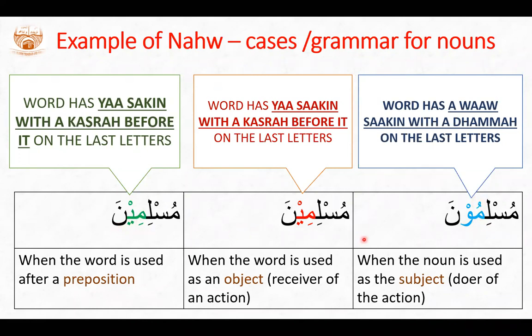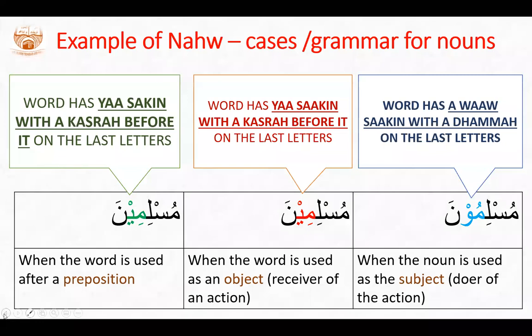So the topic that actually identifies for us why these changes are taking place, what these changes should occur towards, and what function it plays in the sentence, is the subject in the Arabic language called Nahu.